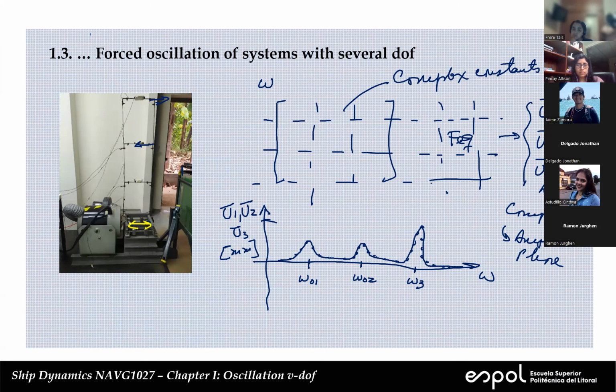This amplitude is, I think, 1 millimeter, peak to peak. So if the motion is like this, from here to here it's 1 millimeter, so the amplitude is 0.5 millimeter.